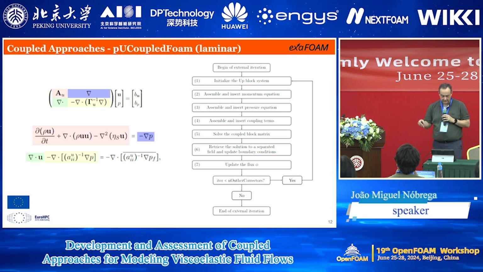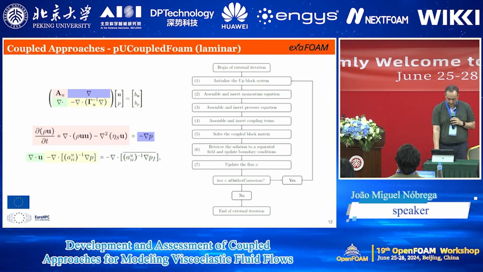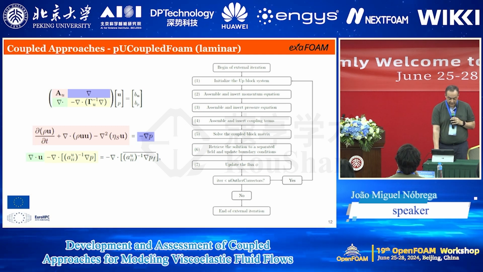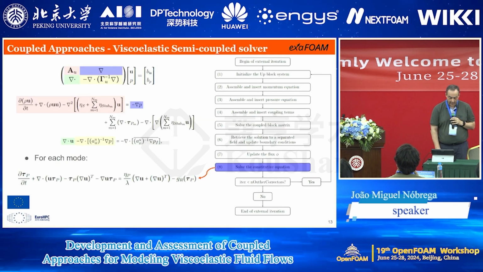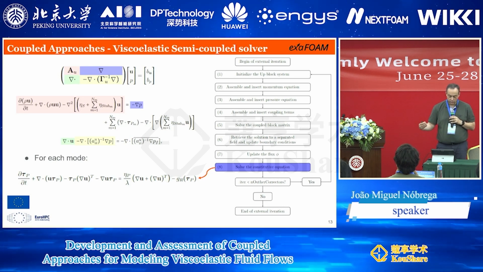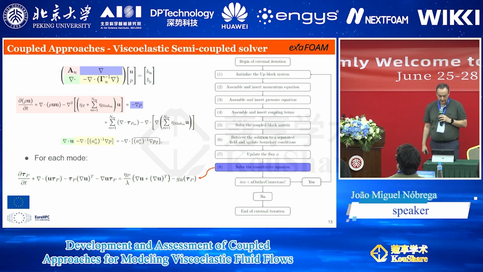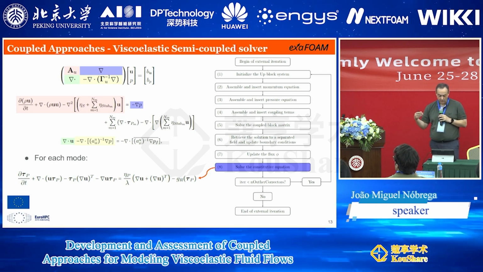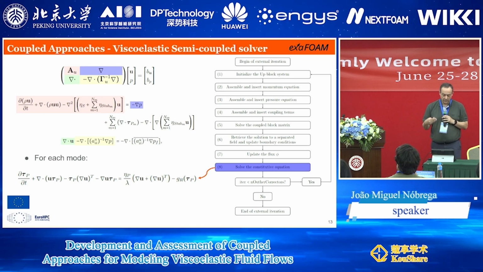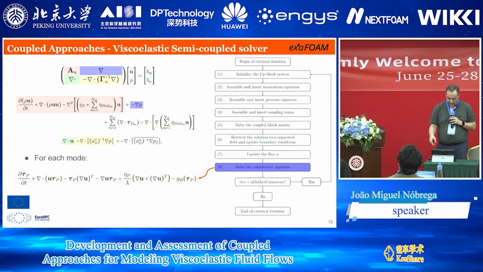The process builds the matrix and solves the coupled problem. What we did, in what we call the semi-coupled solver, was to just add the constitutive model in a decoupled manner, decoupled from the previous equations.